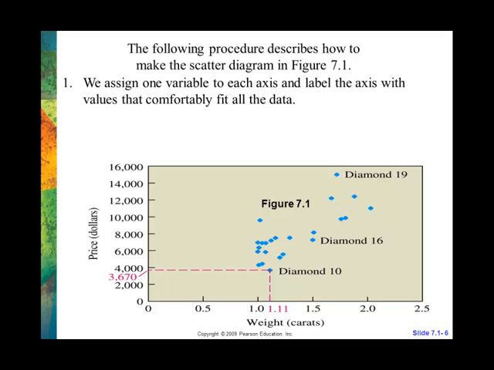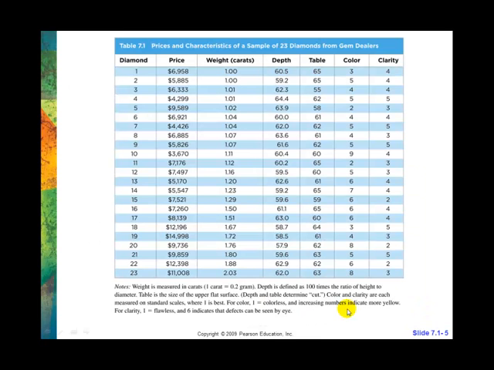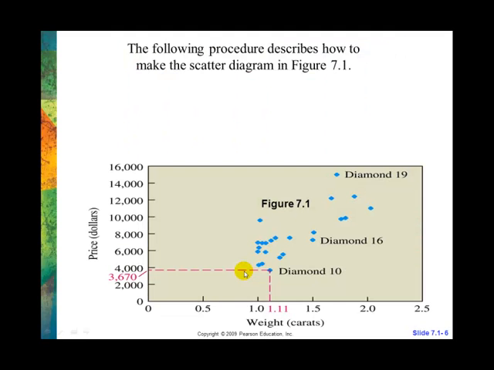weight. First we have to figure out what the x variable is going to be, and we decided that it's going to be weight. As we can see along the bottom here, we have the weight of our diamonds. The smallest value in weights is 1 carat, and the largest one is just over 2 carats. So when we made our graph, we didn't start at 1.